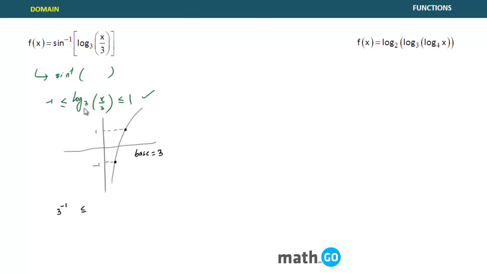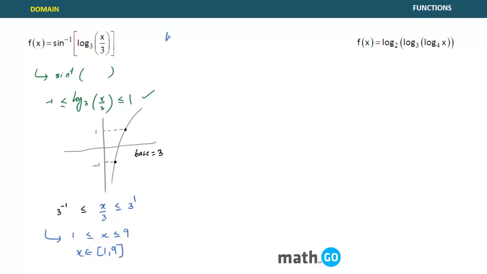So for removing log, you take 3 raised to power -1 less than or equal to x by 3 less than or equal to 3 raised to power 1, because we know that log 3 to the base 3 is 1 and log of 3 raised to power -1 will be -1. Now you can just cross multiply and this will become 1 less than or equal to x less than or equal to 9. So if x lies between 1 and 9, then the sine inverse machine will definitely work for you.